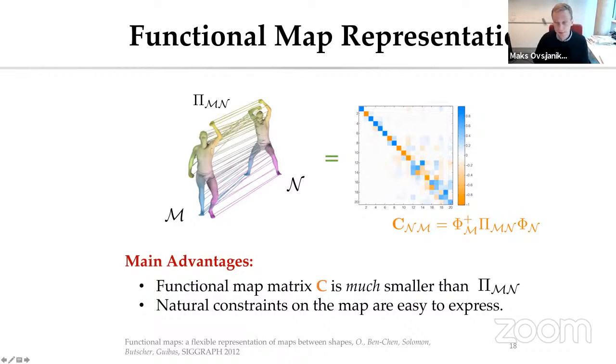The advantage of this representation is that, first of all, this functional map matrix is much smaller than the original point-to-point matrix, and there are many natural constraints that you can impose on this functional map C, and they're easy to express. So instead of dealing with matrices of size number of vertices on the source times number of vertices on the target, you can typically deal with matrices that are 50 by 50 or 100 by 100 at most.